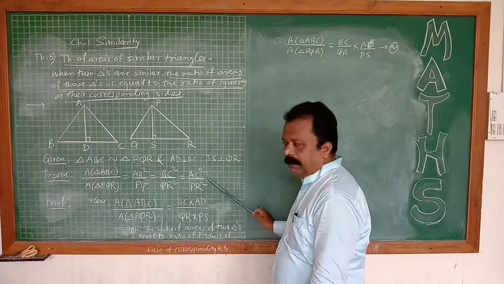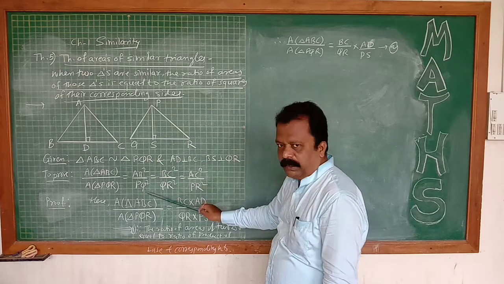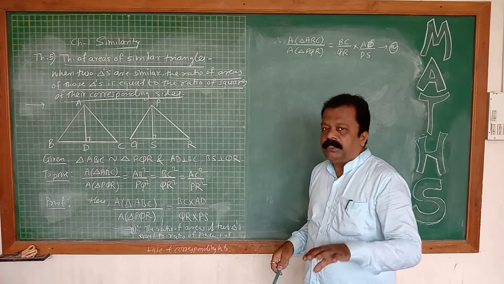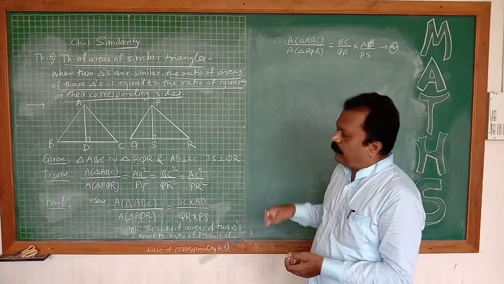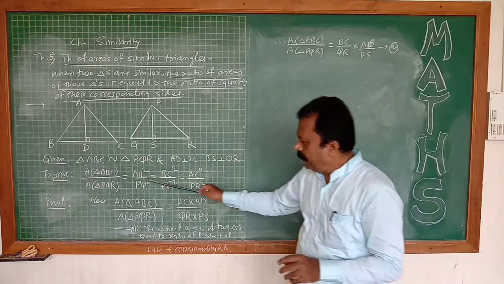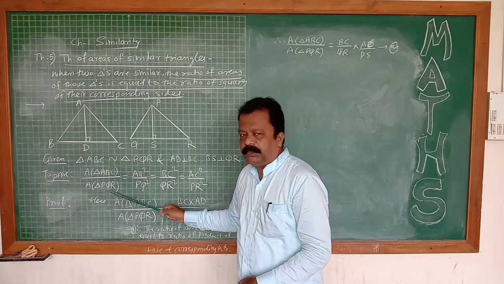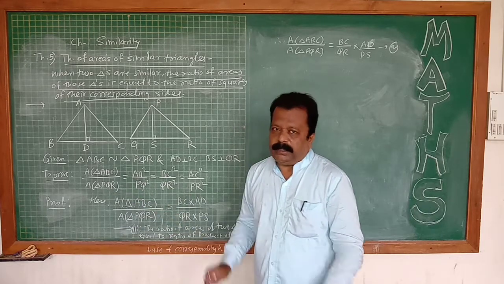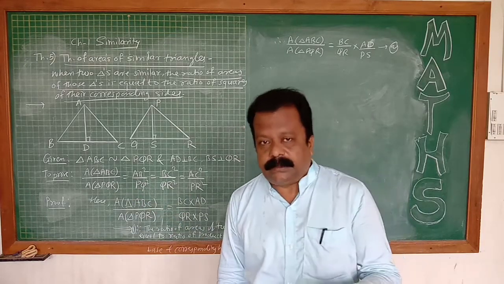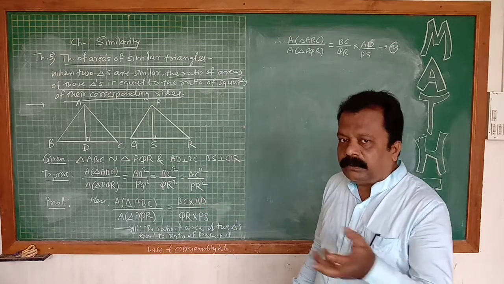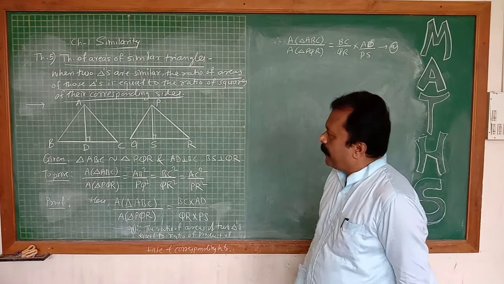Any one ratio of the squares of corresponding sides you have to show, equal to the ratio of the areas of those two triangles. This mathematical form you have to write and that you have to prove.